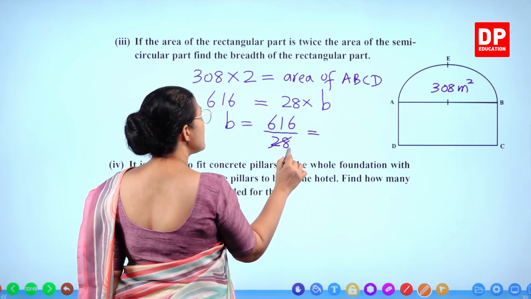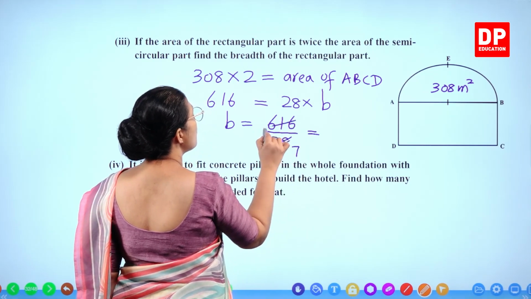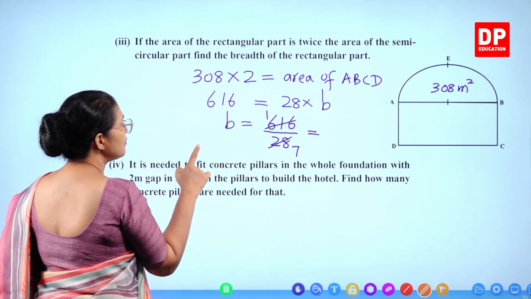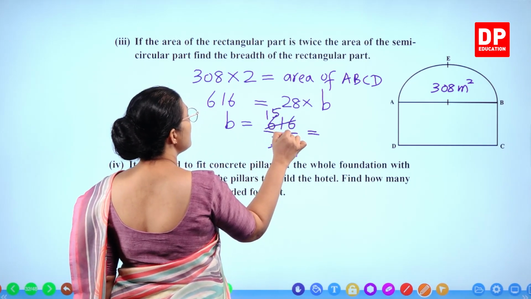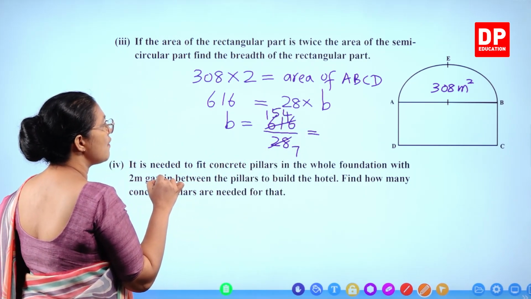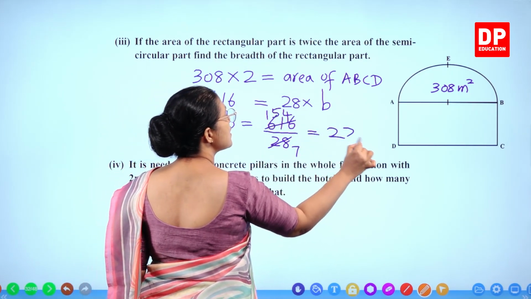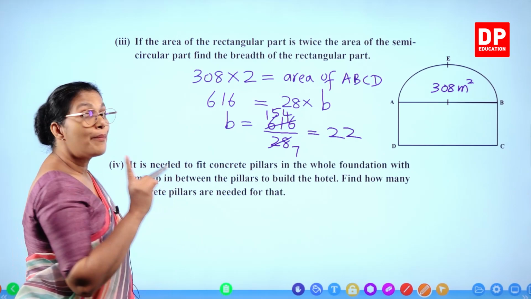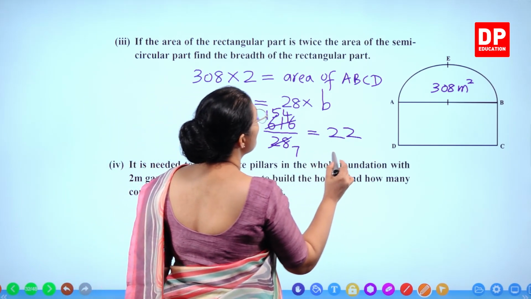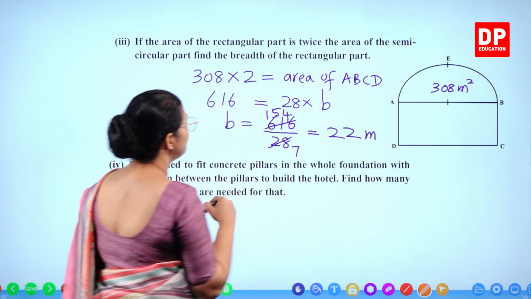We'll divide by 4 first. 4 times 7, 4 times 1, 4, 21, 5, 16, 4. Now divide by 7. 7 times 2, 14 and another 14. So 22. So the breadth is 22 meters.